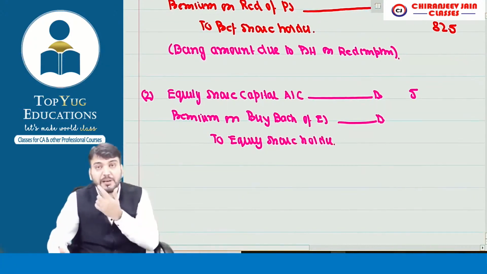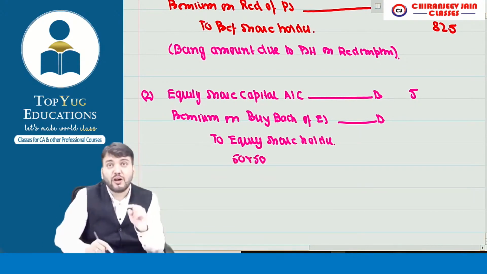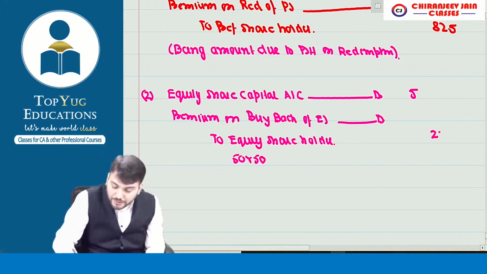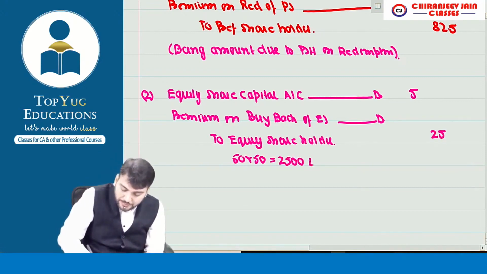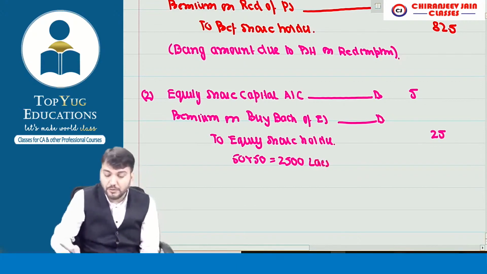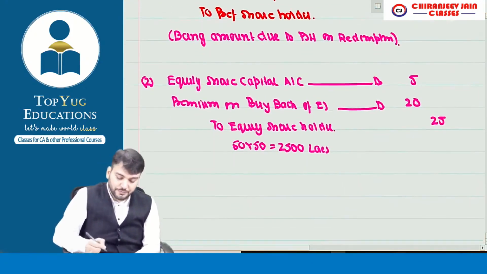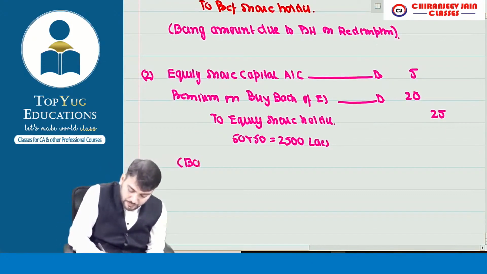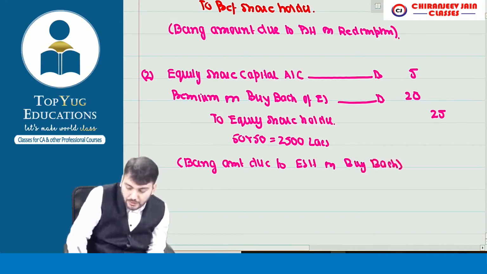So what is the buyback price? It is 50. So 50 lakh into 50 is 2500 lakhs, so it is 25 crore. So how much premium came? 20 crore. Premium is 20 crore. Understood? Being amount due to equity shareholders on buyback.